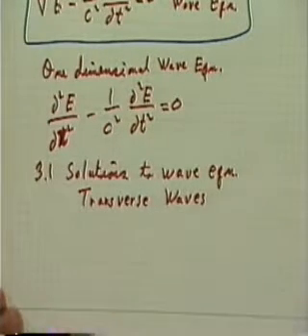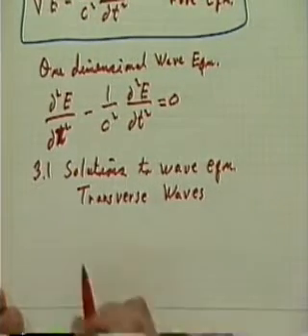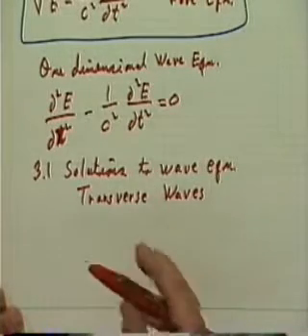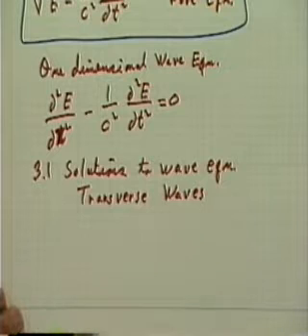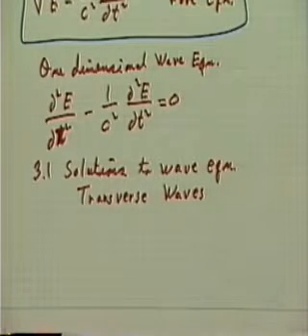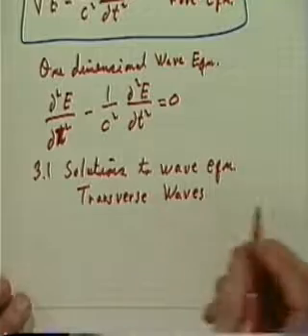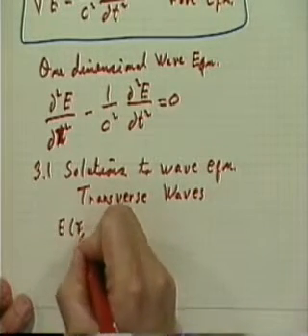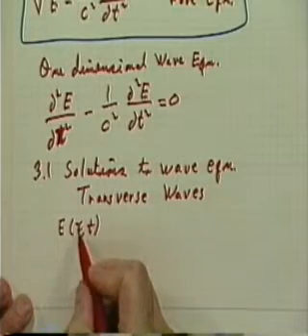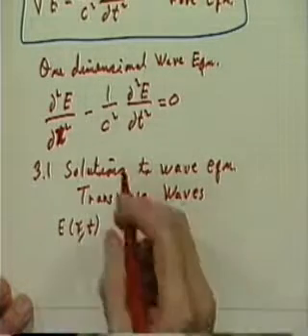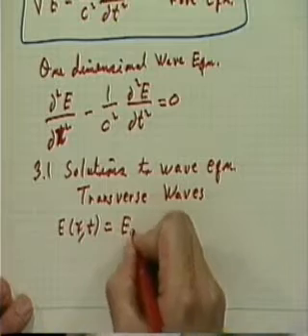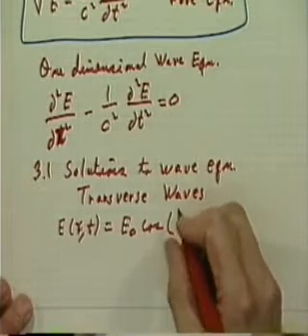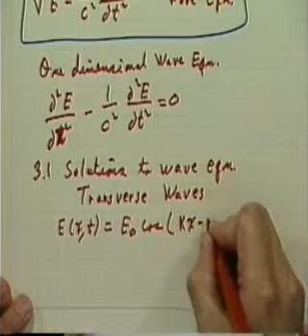So maybe the best way to find a solution here is that we just write down a possible solution. And I might cheat and look in a book or something. Write down a possible solution, and then we'll see if it actually works. And one possible solution here is that E, as a function of distance and time, so one dimension here, is equal to some E naught times a cosine of kx minus omega t.